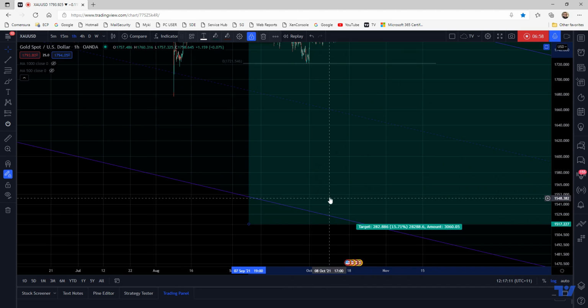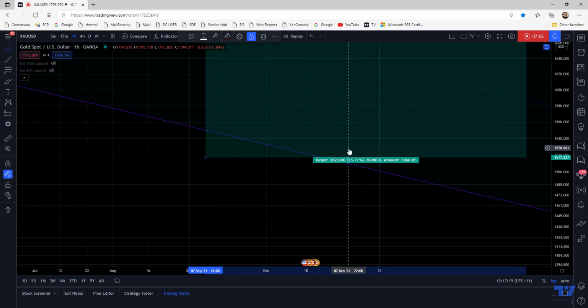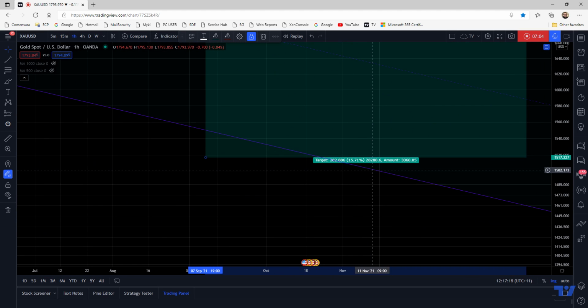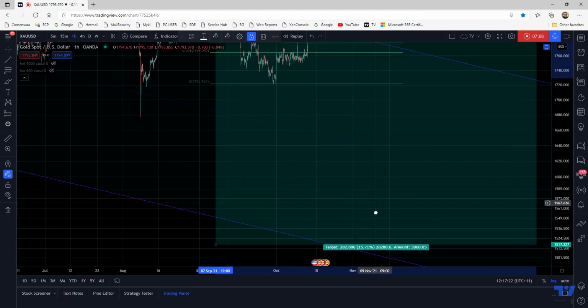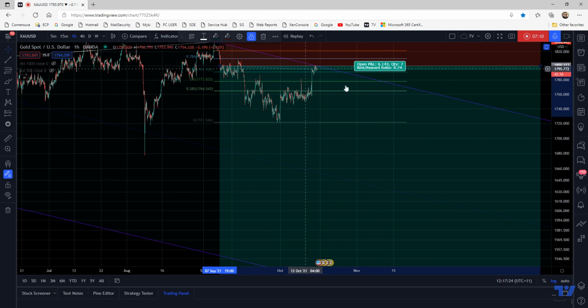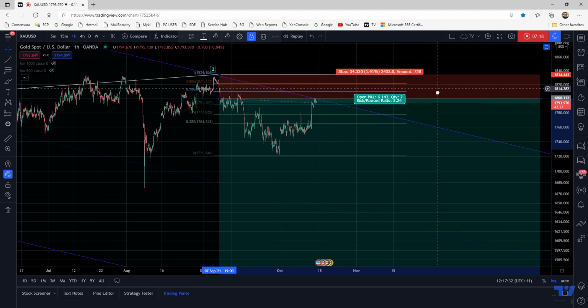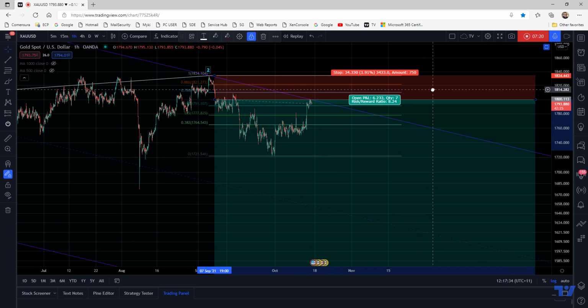I would imagine it'd be around maybe 1500 area. At this point in time, that's all I can say. So I'll keep you updated on how that progresses and whether or not it turns out to be incorrect, or if there's anything else that develops in the meantime. But that's the general idea. So just to keep this one short, that's my view.